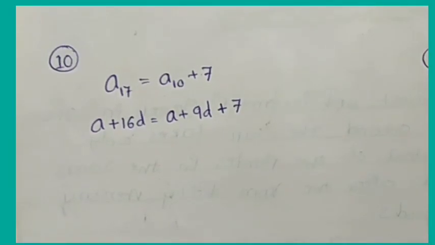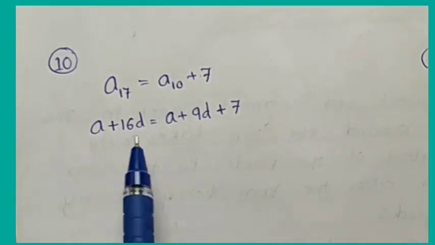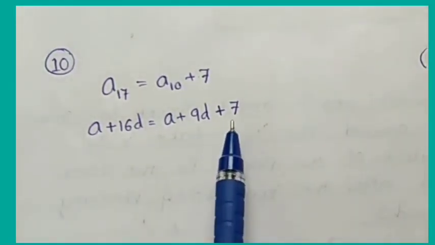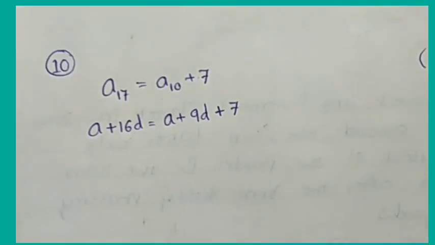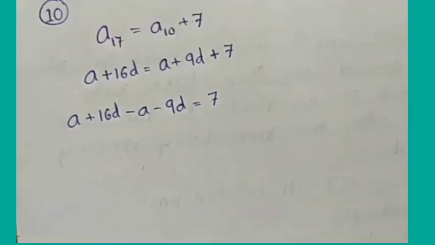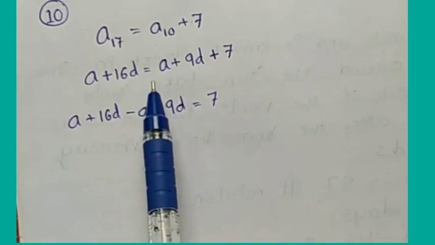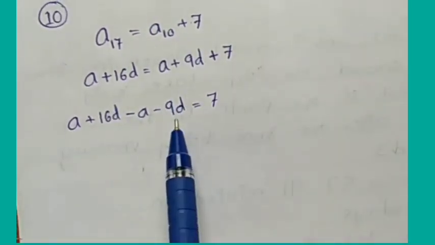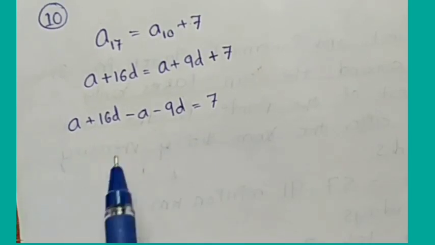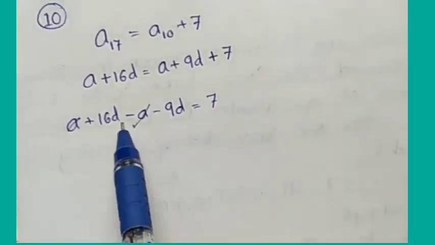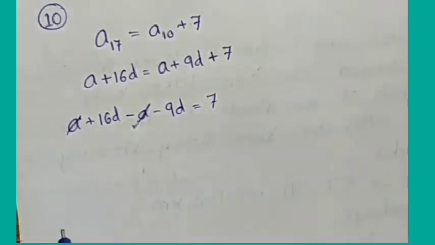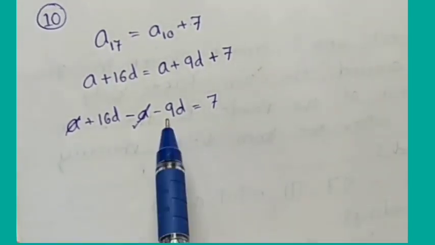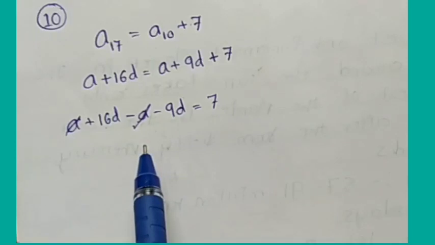Now take all like terms to one side and positive numbers to one side. So we take a to the left side as minus a, and 9d will be minus 9d. So a minus a, what do we get? 0. And 16d minus 9d, what will you get? That is 7d.